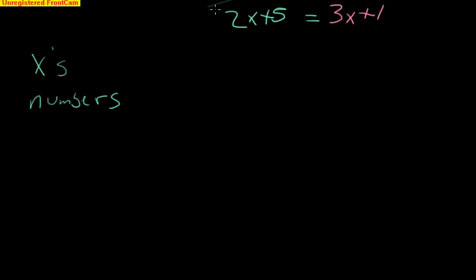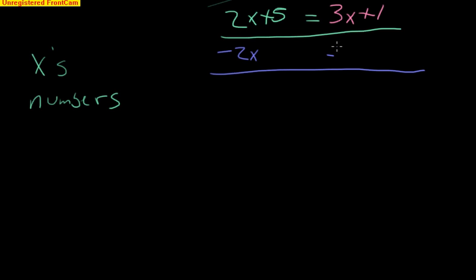So using our equation here that we've made, let's do this. Okay. So I'm going to subtract 2x from both sides, right? Minus 2x. Minus 2x. So then I just bring everything else down. I have 0 plus 5 equals 1x plus 1.